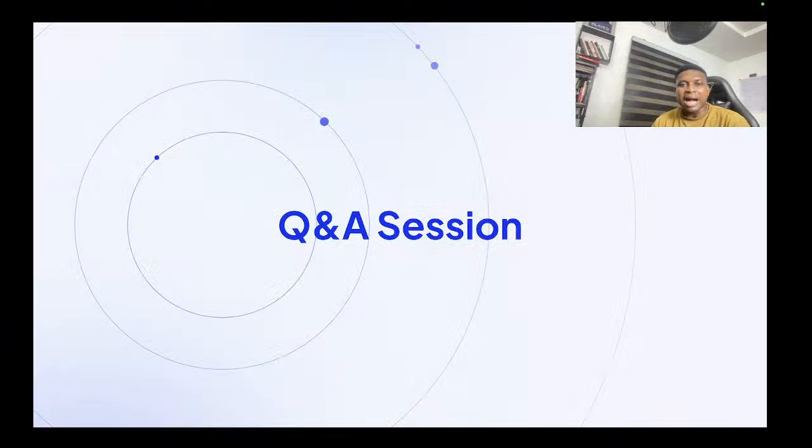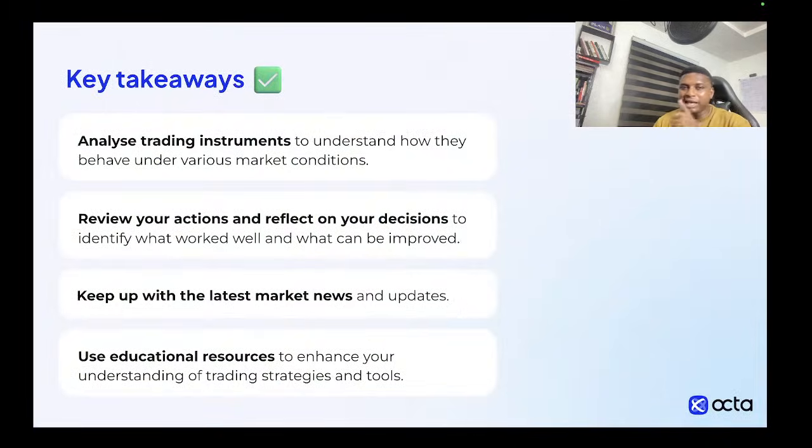All right, and I believe that you've had a great takeaway. So what is the key takeaway from here? We've analyzed trading instruments to understand how they behave under various market conditions. You review your actions and reflect on your decisions to identify what worked well and what needs to be improved.